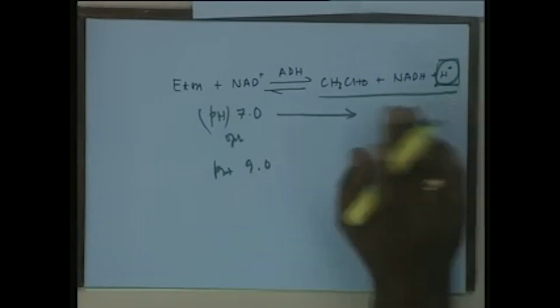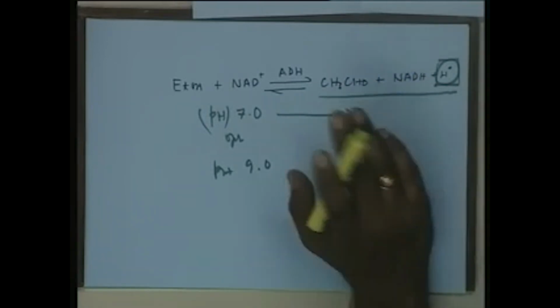Obviously, the shift in the equilibrium must be considered in terms of the rate. So pH optimum and the equilibrium constant are two issues to be considered independently.